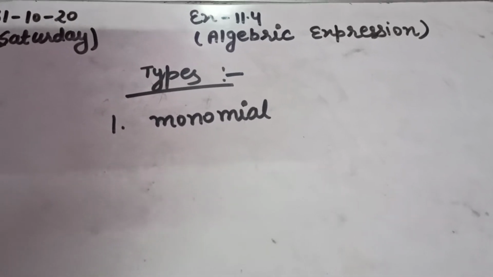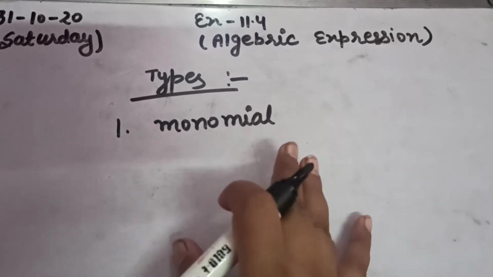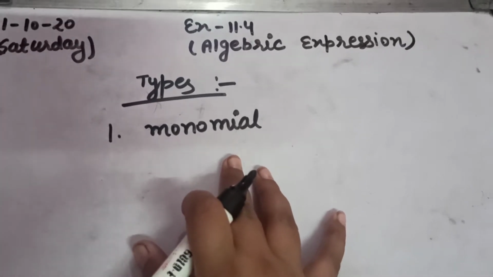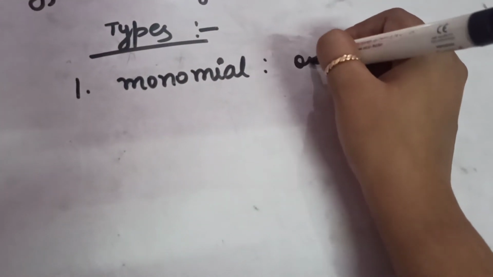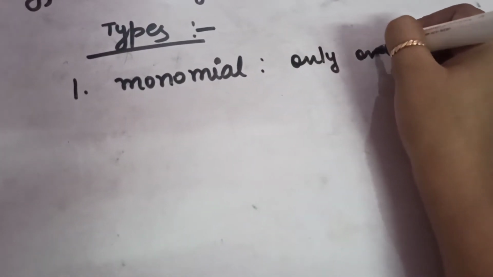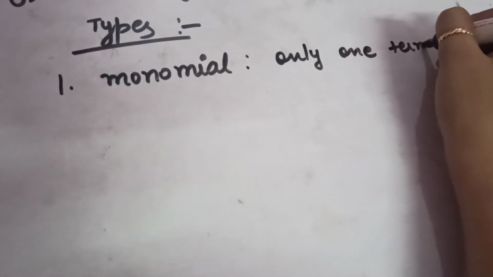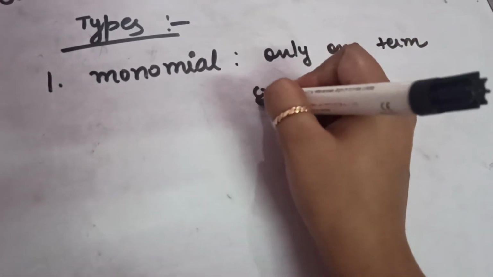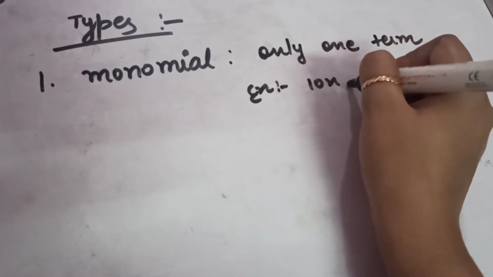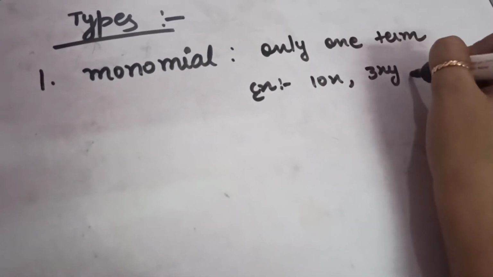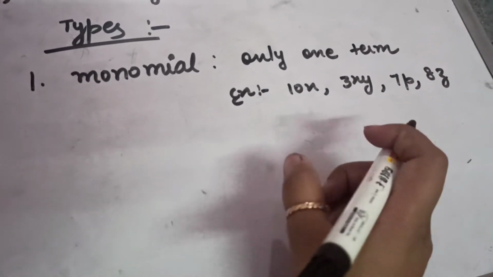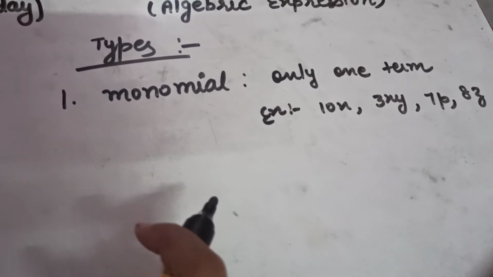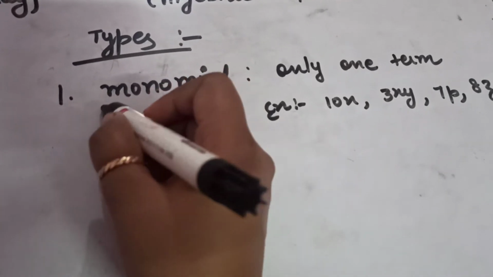So the first type of algebraic expression is monomial, in which there is only one term. Only one term. Like 10x, 3xy, 7p, 8z. See, these are single. So this is monomial.